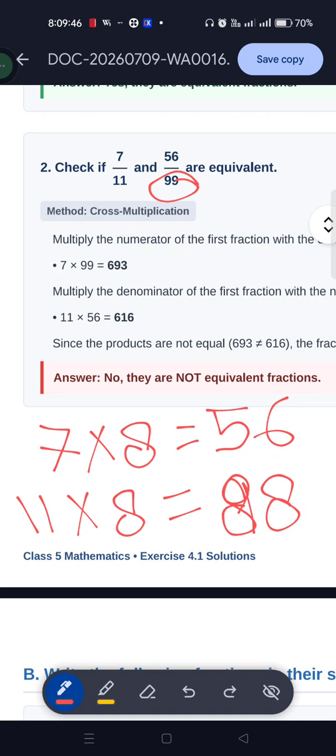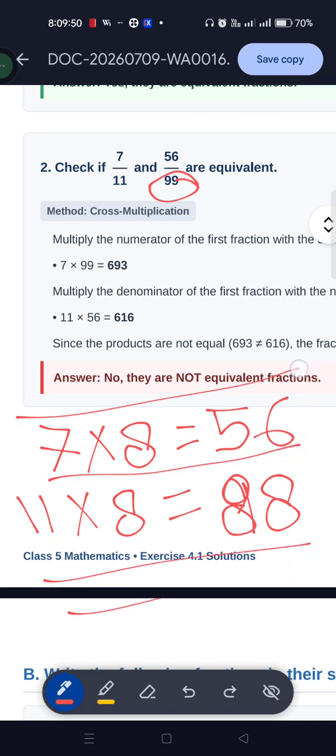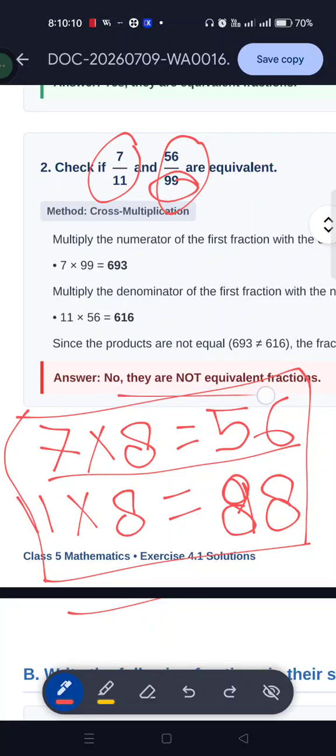So in this way you can check this. When you multiply numerator and denominator of 7 upon 11, if you are getting the same fraction as the second fraction, it means these are equivalent fractions. But if you are not getting the same, it means that they are not equivalent fractions.